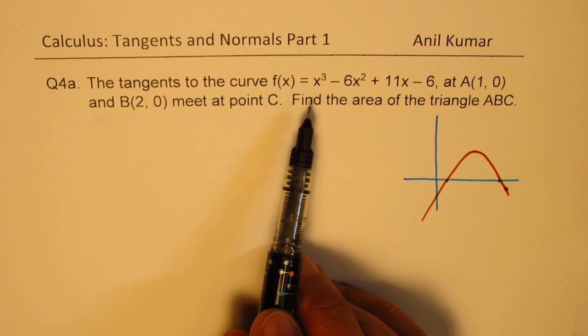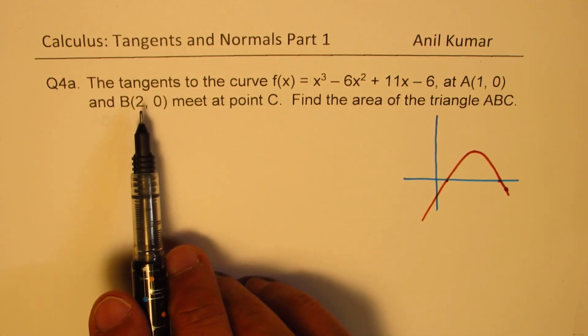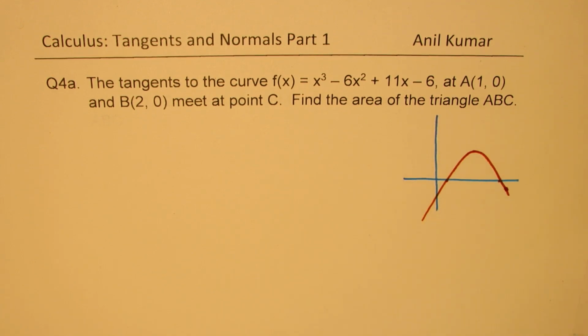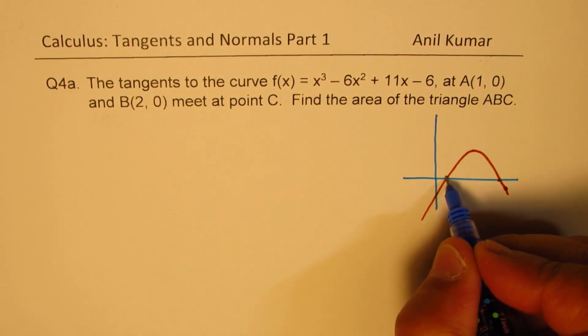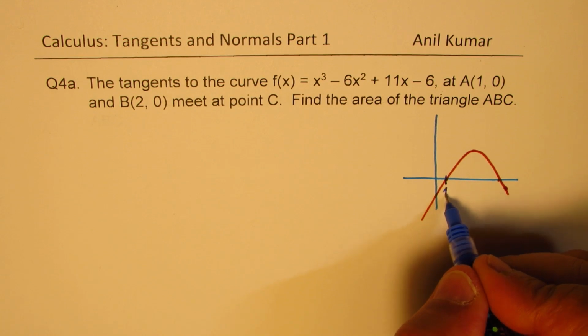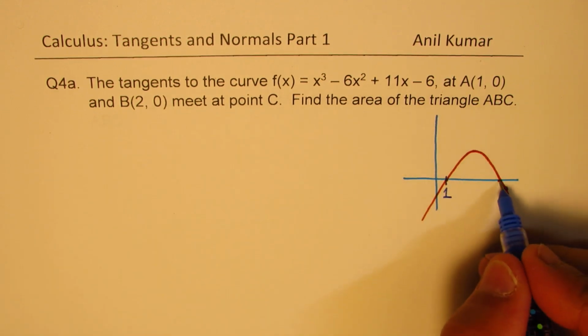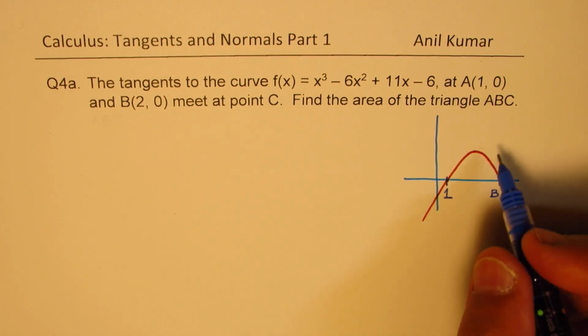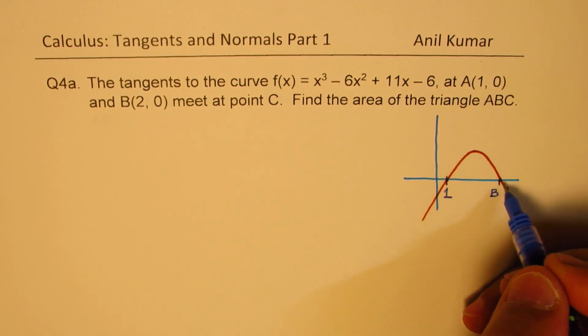Now the idea here is that we need to find the area of the triangle ABC. A and B, the points, are given to us. This one is A, which is at 1. B is at 2, right? And the tangents meet somewhere.